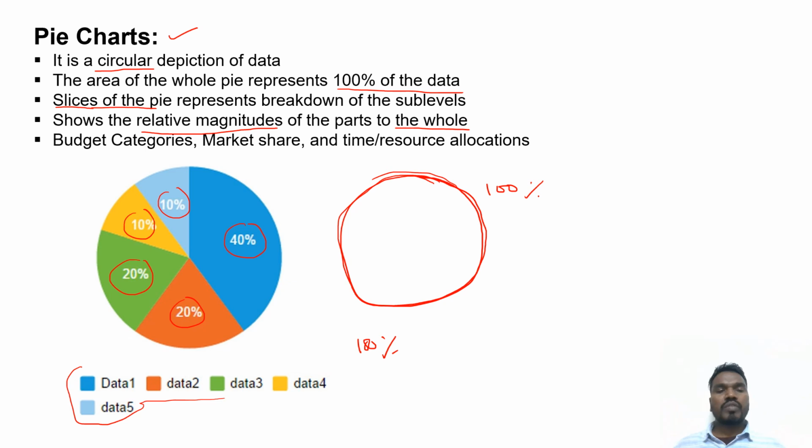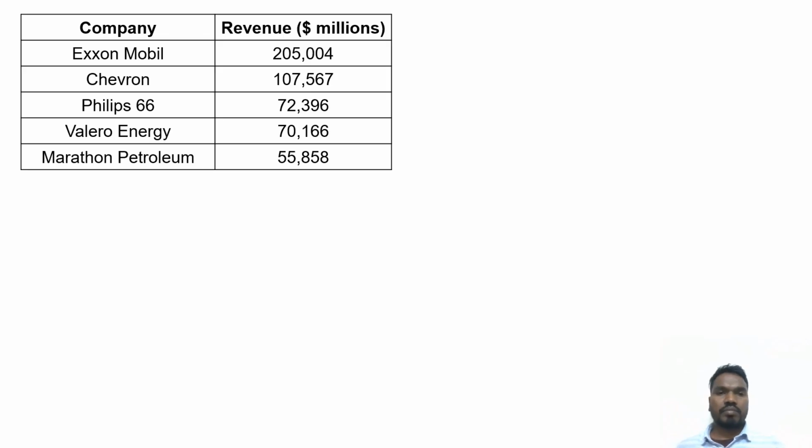For example, in newspapers we find pie charts for budget categories, market shares, and time or resource allocations. These are a few examples where we can use pie charts. Let us take one example and construct the pie chart.